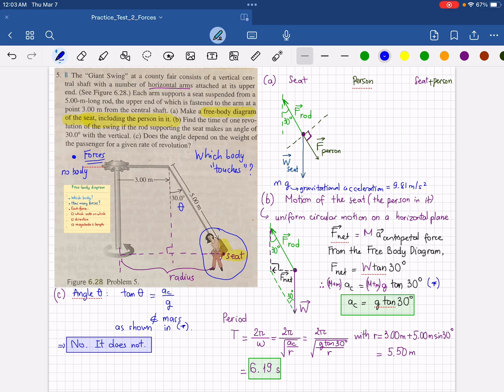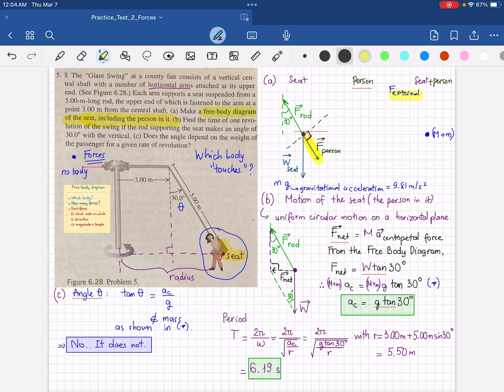The whole system is represented as a whole mass, the mass of the person and the seat together. When we draw the free body diagram, we just want to show the external forces acting on the whole system. So in that case, we don't need to show this force here, right? We don't need to show the internal force. We just want to show the external forces.